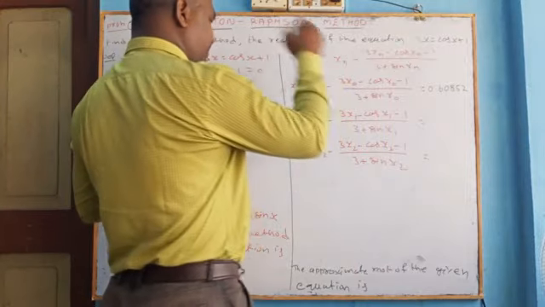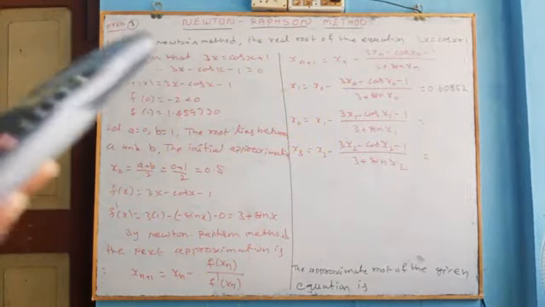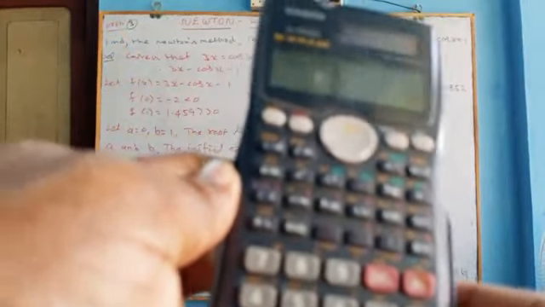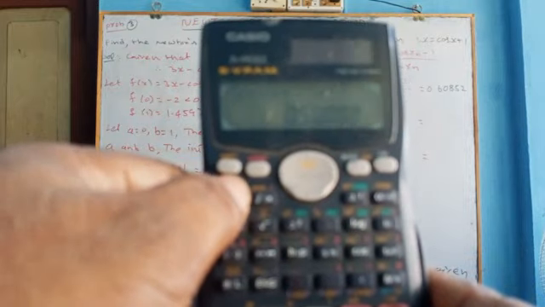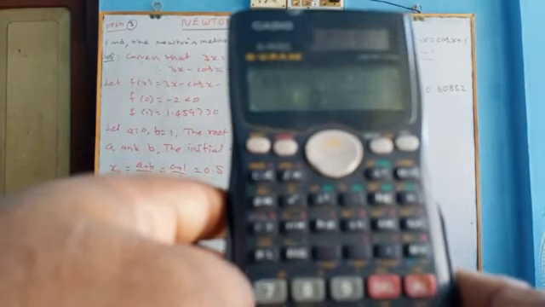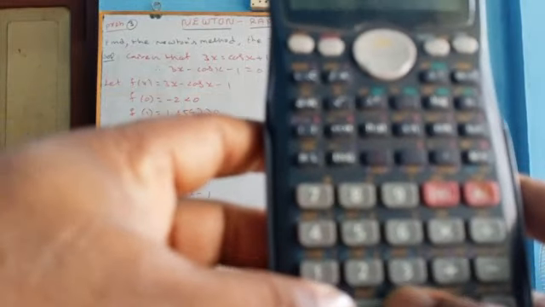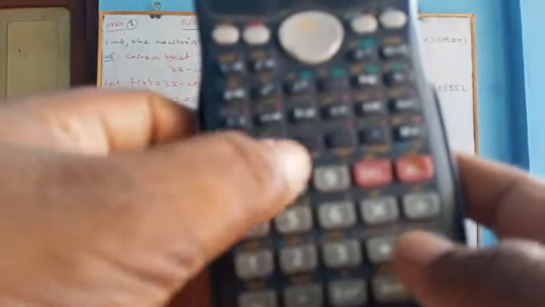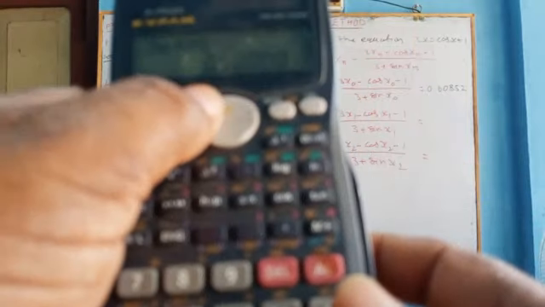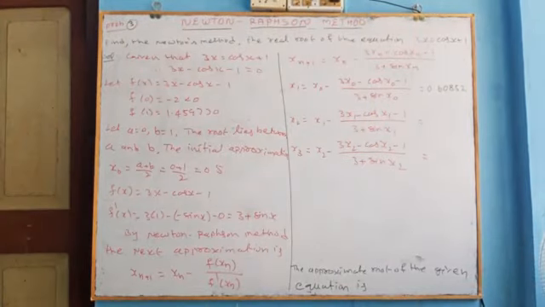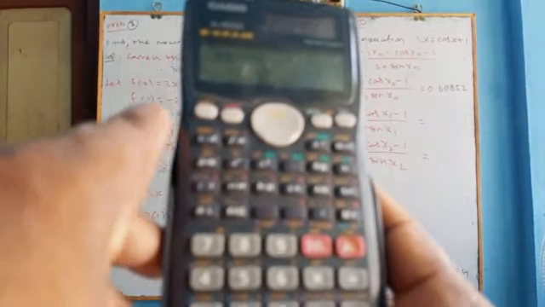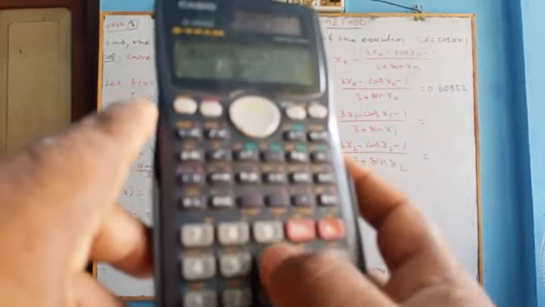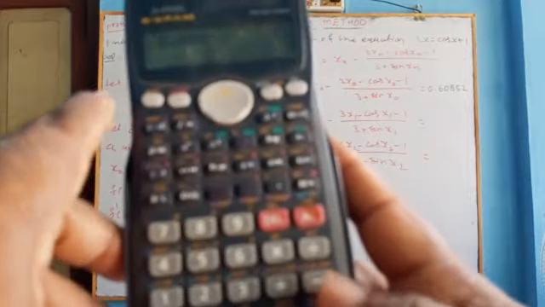Put x1 in the same entire equation, same procedure. What is x1? 0.60852.